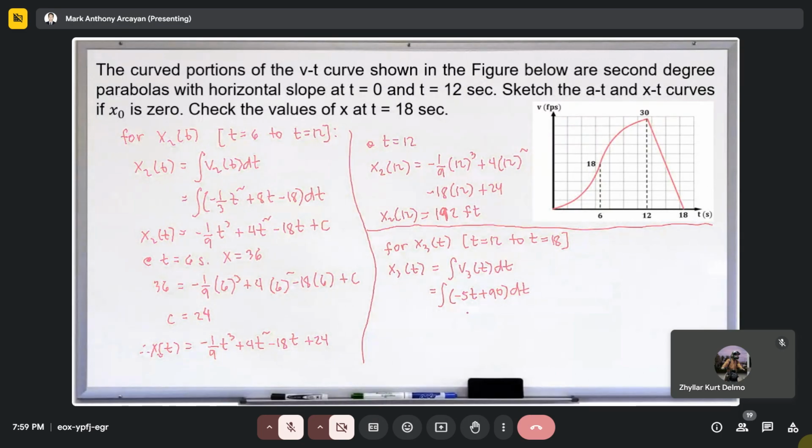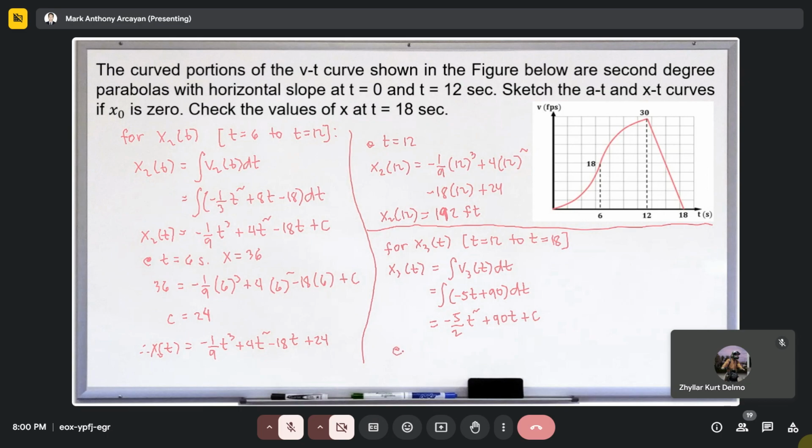Since this is a linear function, as we integrate it the result will increase the degree of this polynomial function, from linear to quadratic. Let's evaluate this integral expression. This will become negative 5 halves t squared plus 90t plus the constant.